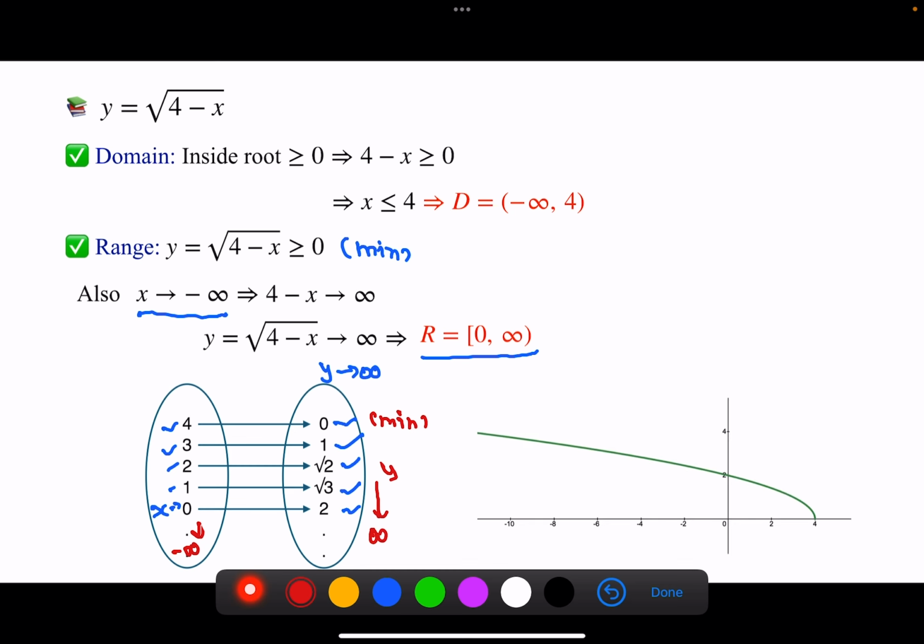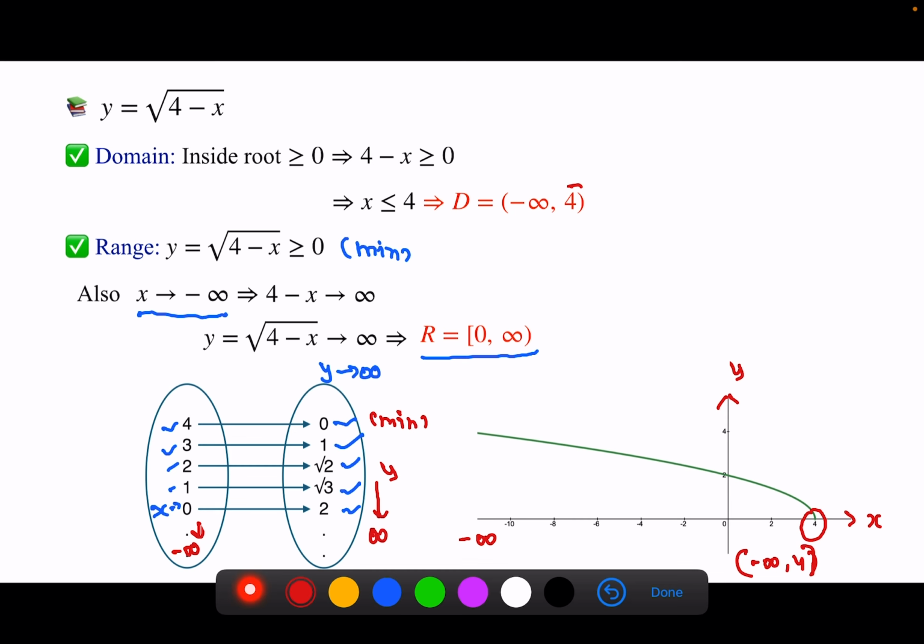Also, using the graphical method, we can conclude the domain and range. So here this is the graph of the given function, and you can see that the domain for this function is x going from minus infinity to this value 4. So the domain values are minus infinity to 4, with 4 included.